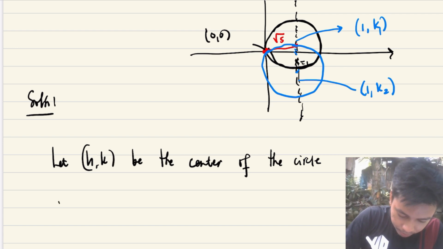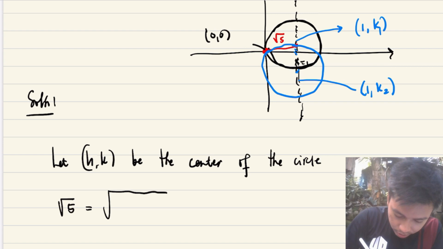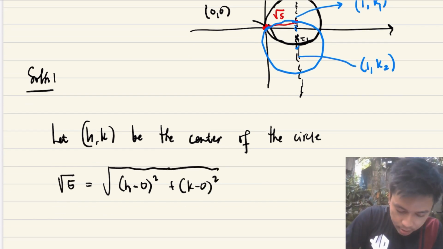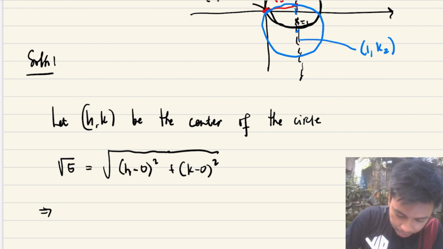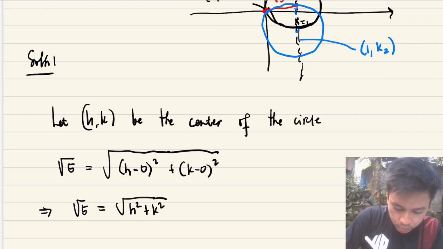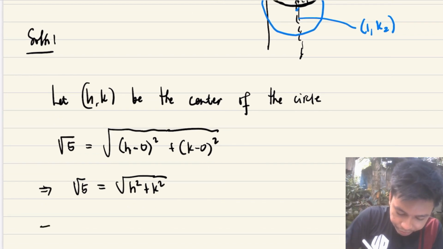Square root of 5 is the distance from (h, k) to the origin, which is the square root of (h minus 0) squared plus (k minus 0) squared. So square root of 5 equals square root of h squared plus k squared, which implies that 5 equals h squared plus k squared.